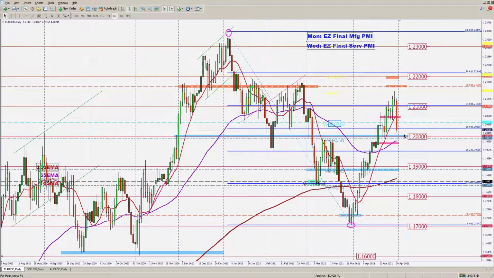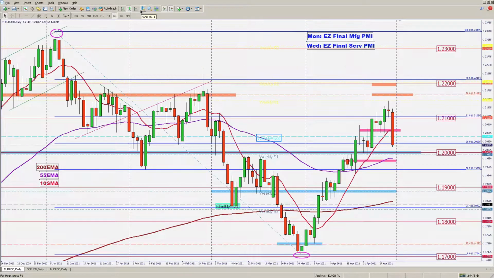So 120 and just below that, around the 119.75 will be a critical support zone, which is just below the daily 55 EMA.